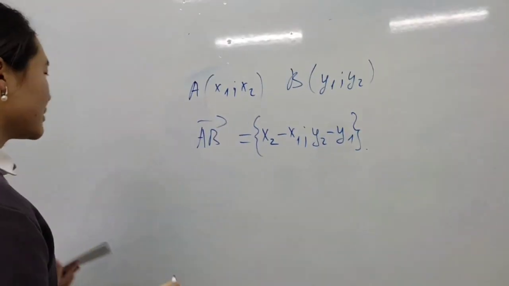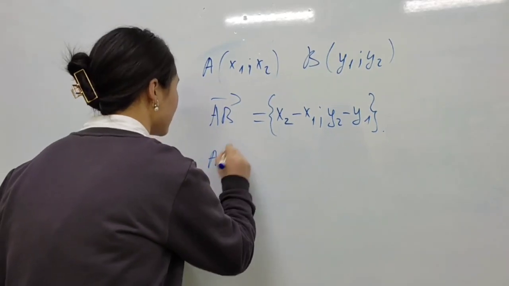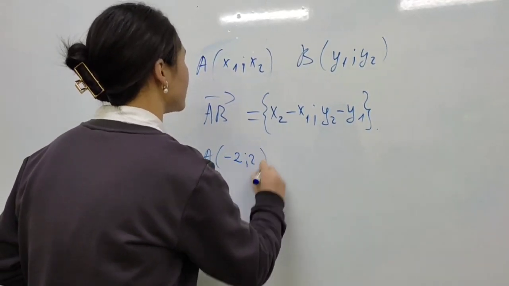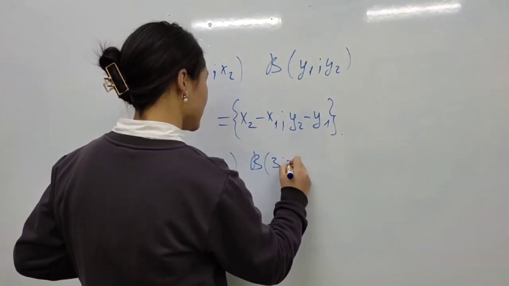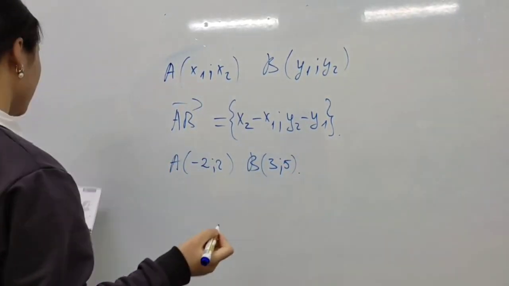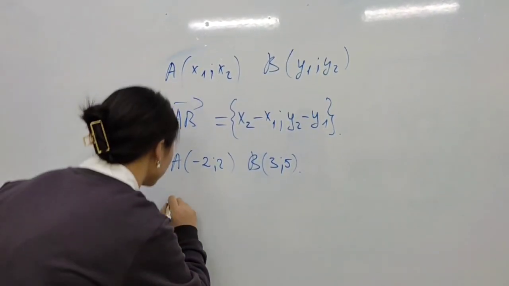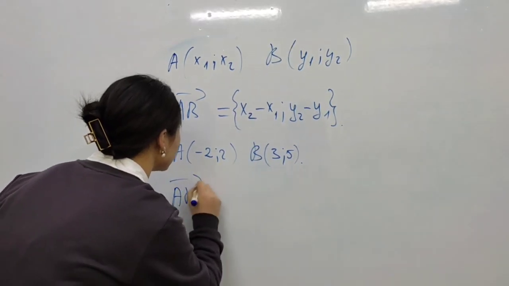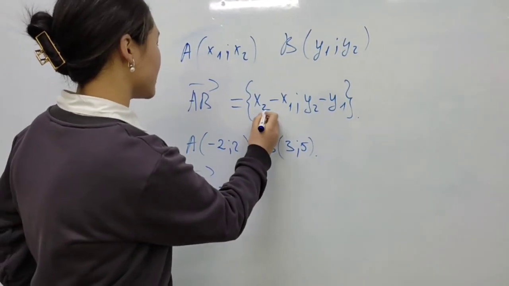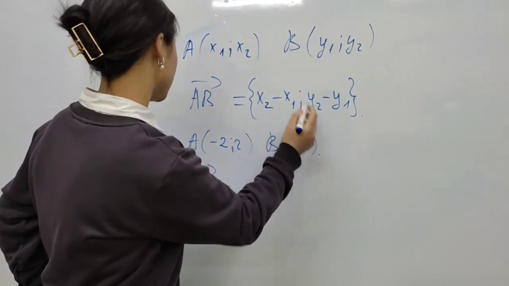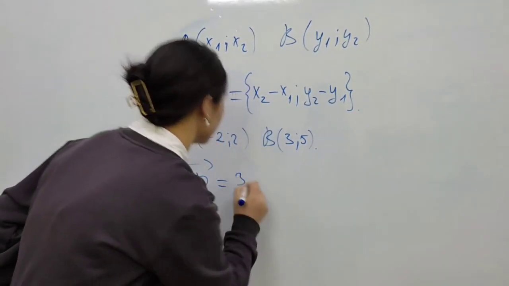Okay. For example, given point A (minus 2, 2) and point B (3, 5), determine the coordinates of the vector AB. Vector AB is equal to x2 minus x1, and x2 is 3.